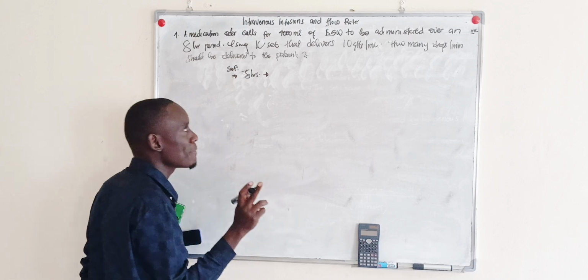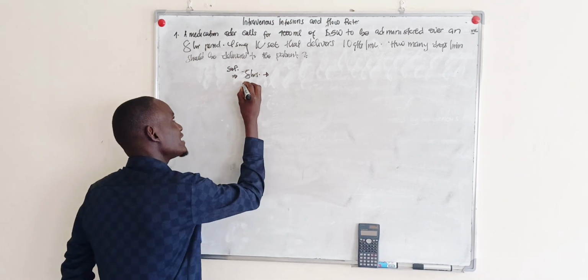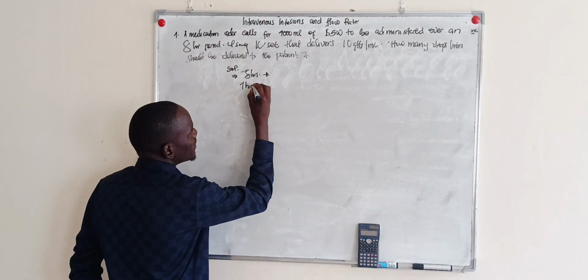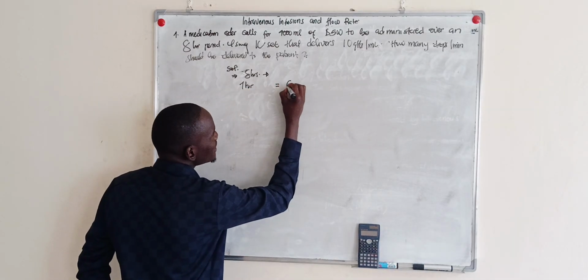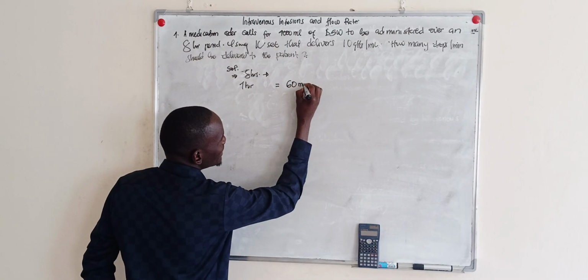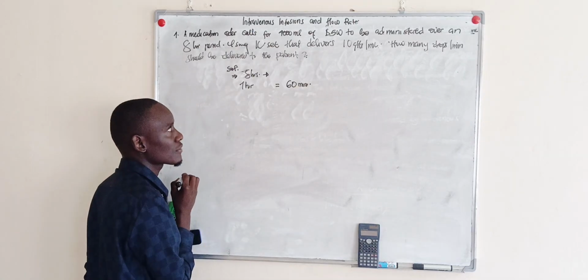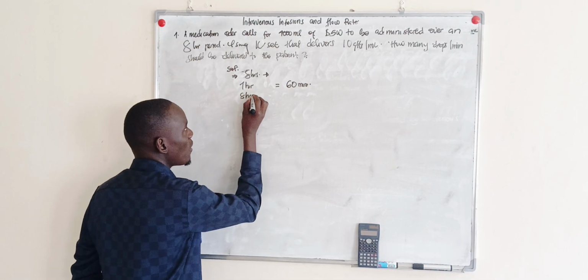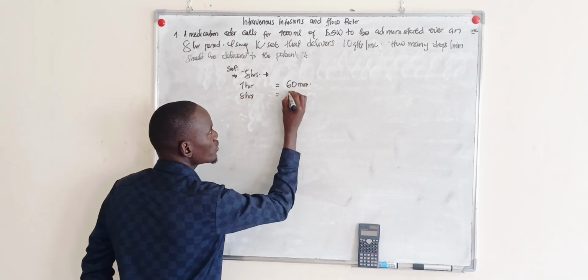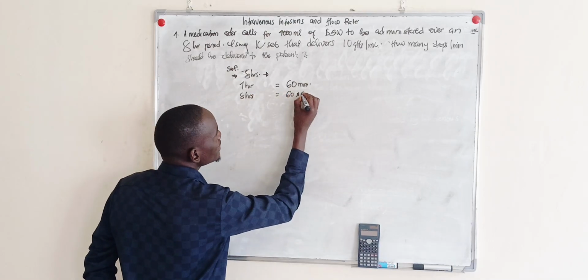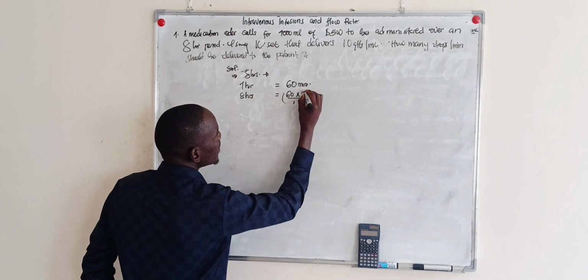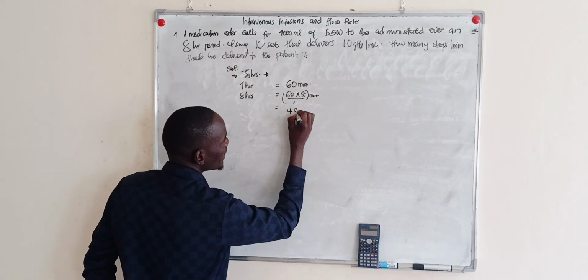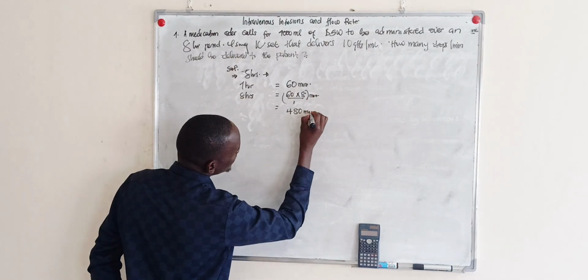But remember, we know that 1 hour is equal to 60 minutes. How about the 8 hours? This will be equal to 60 times 8 divided by 1. This will be minutes, and we shall get 480 minutes.